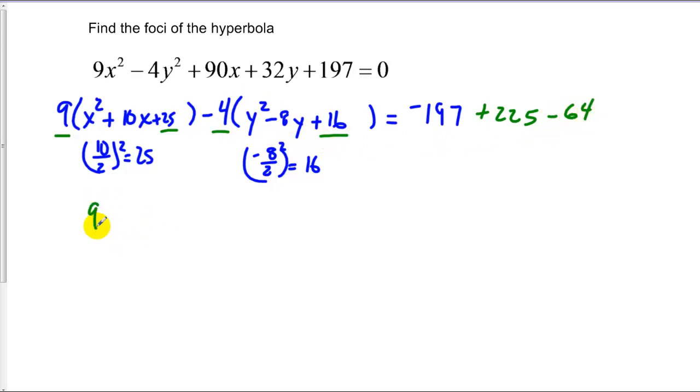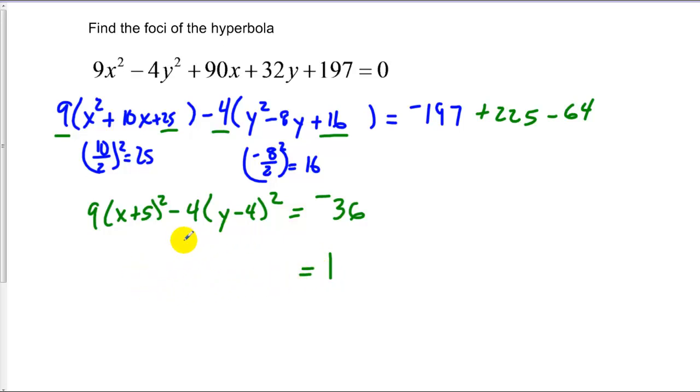So I have 9 times the quantity of x plus 5 squared minus 4 times the quantity of y minus 4 squared is equal to negative 36. Need to get a side equal to 1, so I divide by negative 36 to both sides.